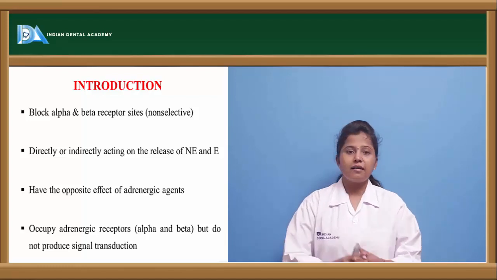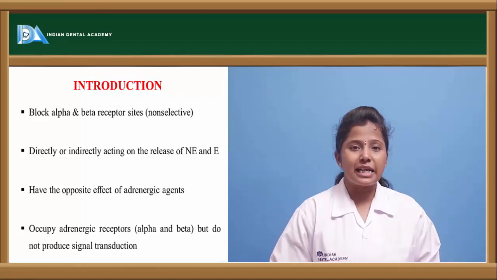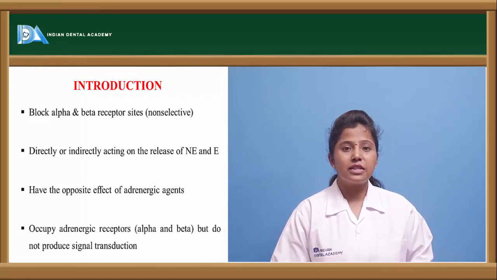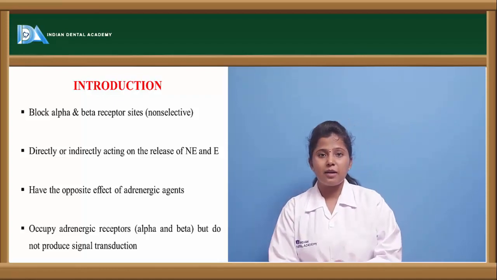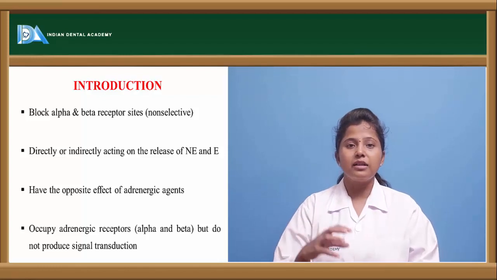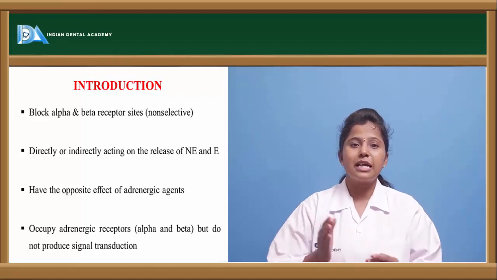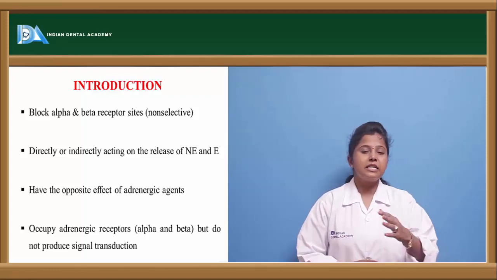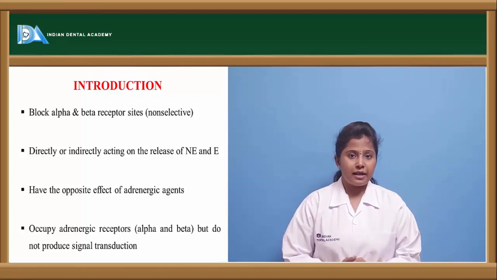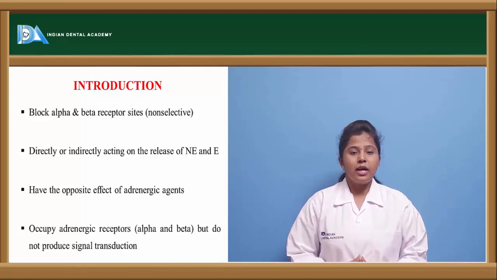One characteristic feature of these antagonists is blockade. So how does the blockade take place? They occupy the receptor place instead of noradrenaline or adrenaline, or we can say norepinephrine or epinephrine.